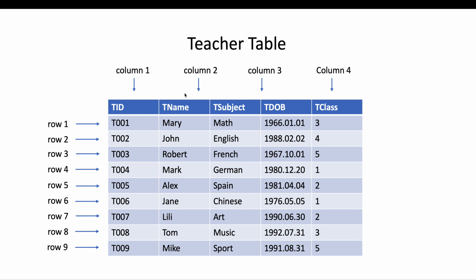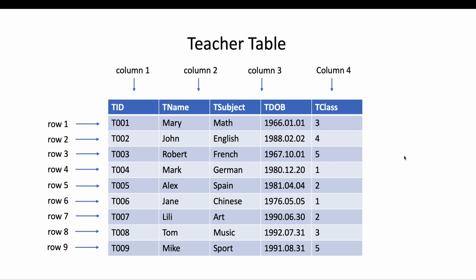The vertical side is called columns, and the horizontal side is called rows. Here I have the teacher's ID called T001, then the teacher's name, the teacher's subject, the teacher's date of birth, and the class the teacher teaches. So here is the table about teacher.